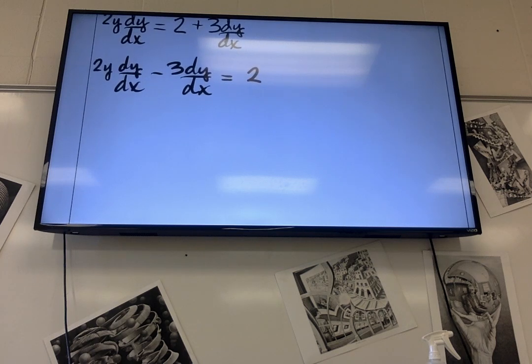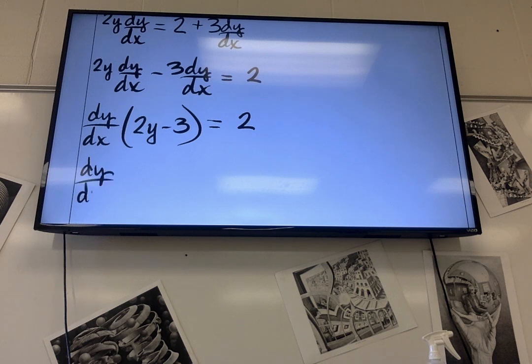Well, I have to factor out a dy dx. And then you divide, the 2 divided by 2y minus 3.